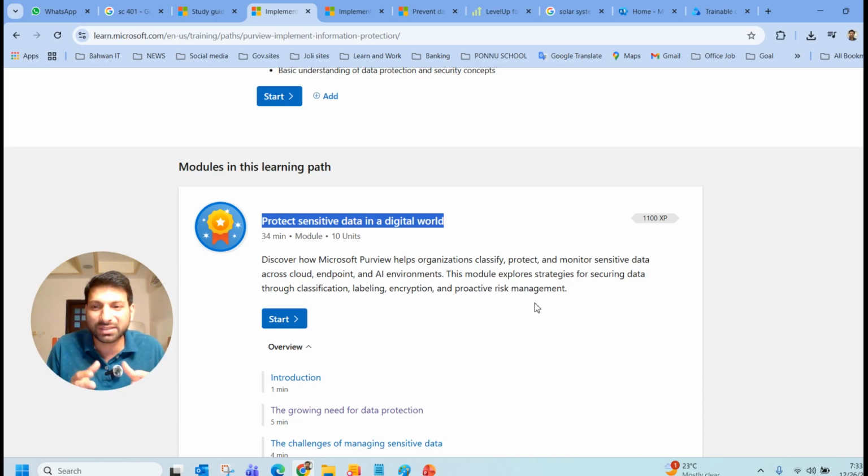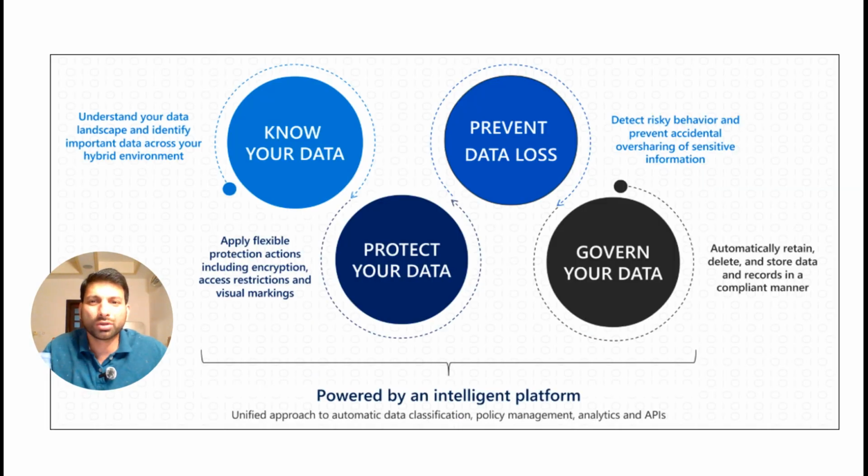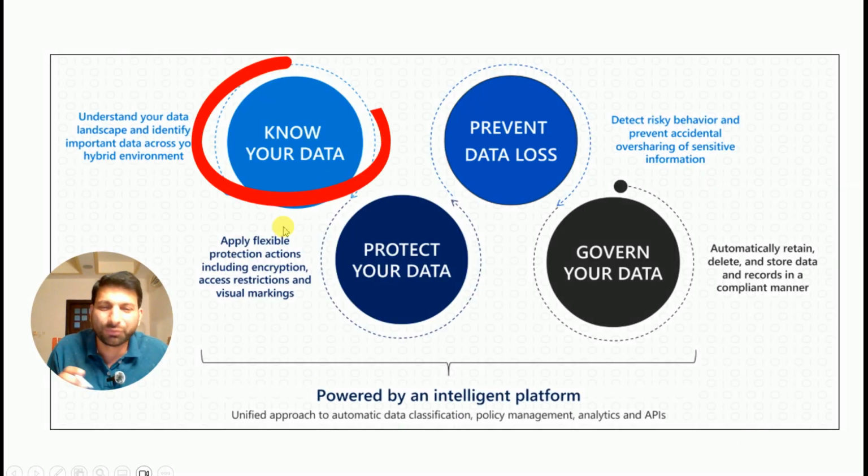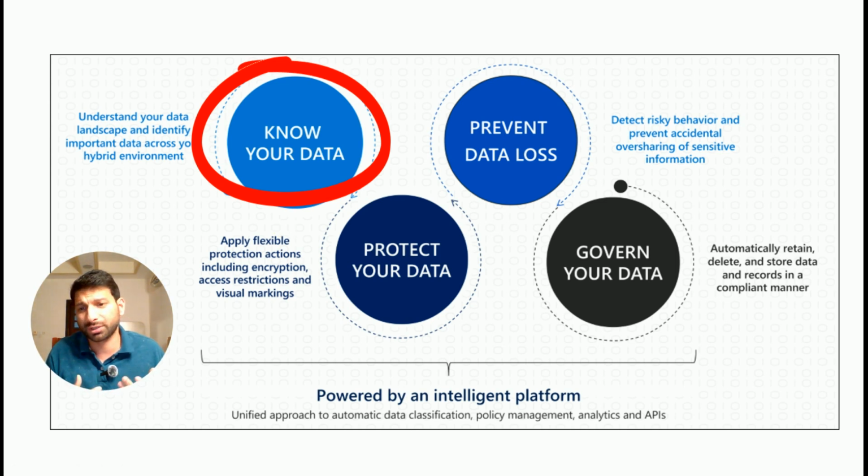When any data comes into existence, what happens in the company? If you want to protect your data, the first thing is to know about your data. If you do not know about your data, you will be confused.